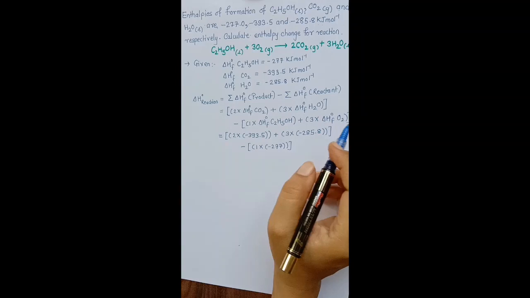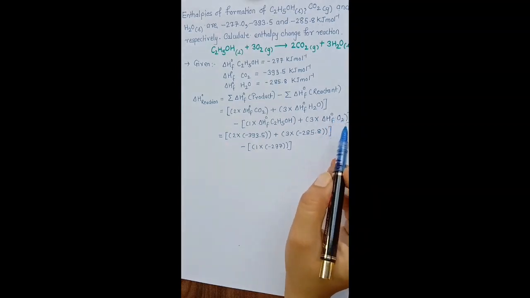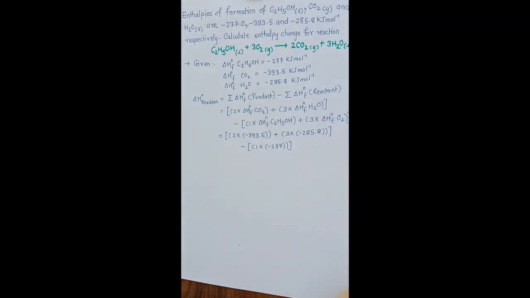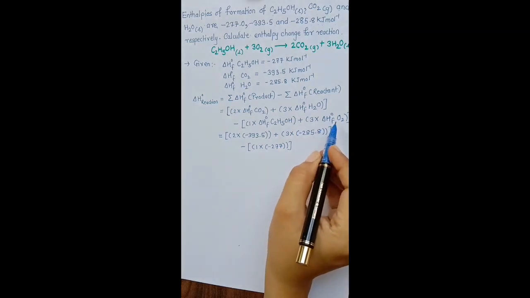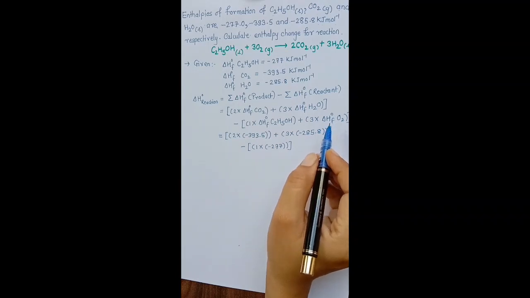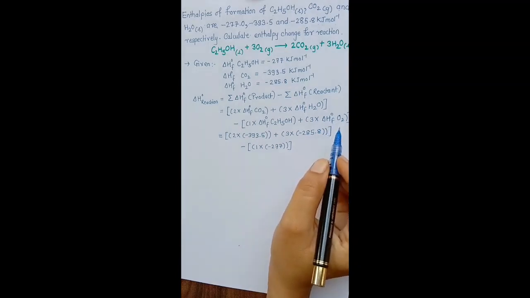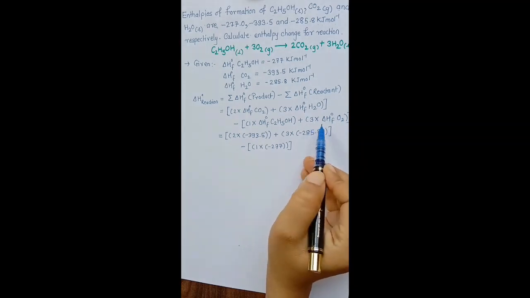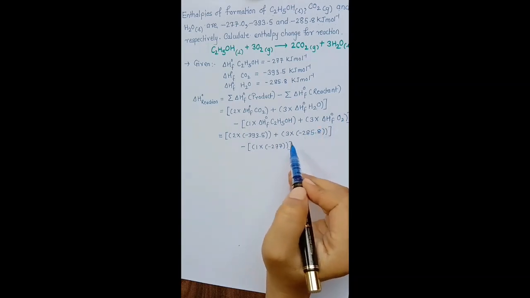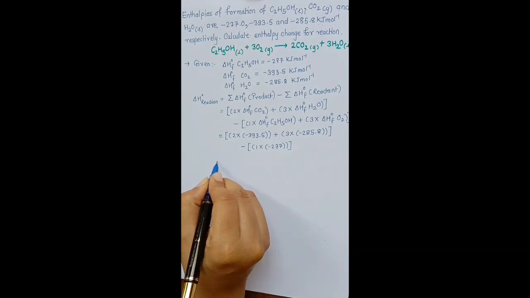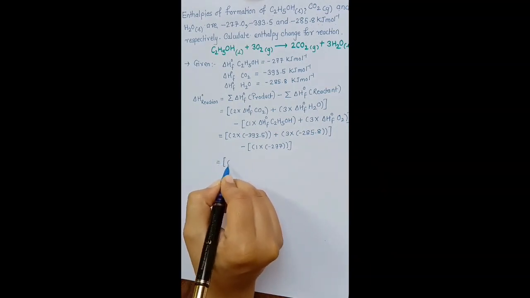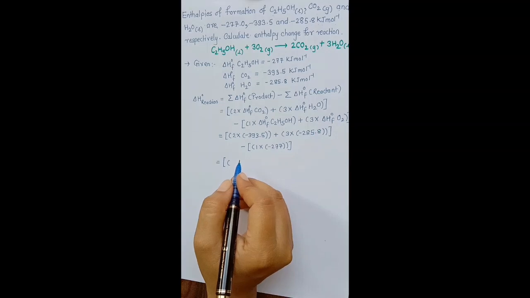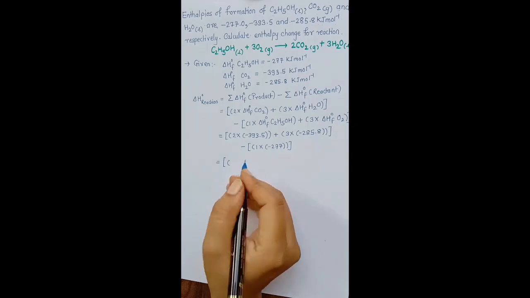Now you must be thinking that delta HF naught of O2 is not given. That means it is taken as 0. In the previous lecture we studied that standard enthalpy of formation of any pure element is taken as 0. That means 3 into 0 will be 0, so we have not written that 0.